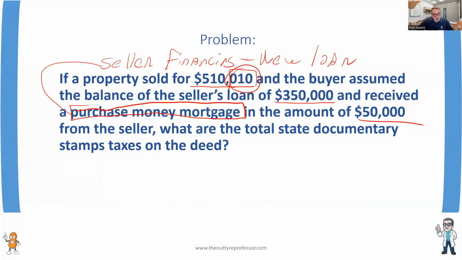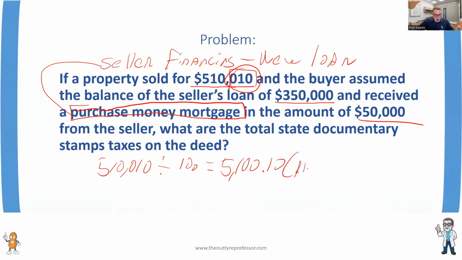But look, from the seller, what are the total state documentary stamp taxes on the deed? So this is how we do this. We get 510,010. We need to divide that by 100. And that's going to be 5100 with 10 cents, but we cannot have 10 cents here.